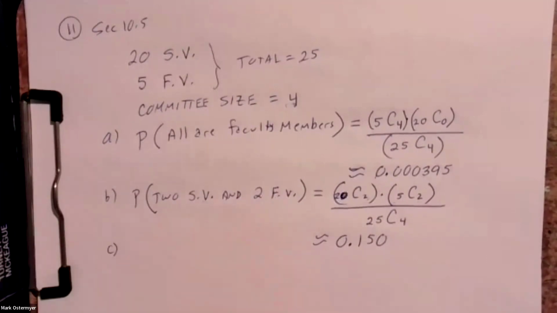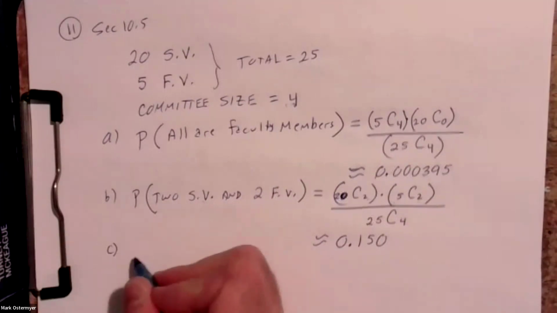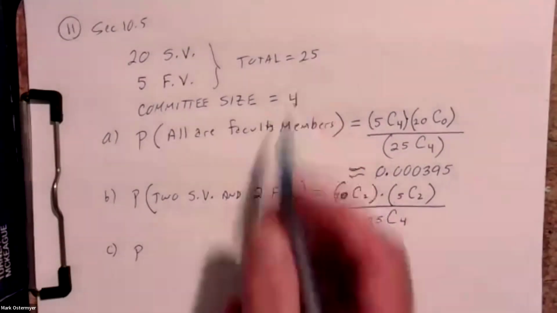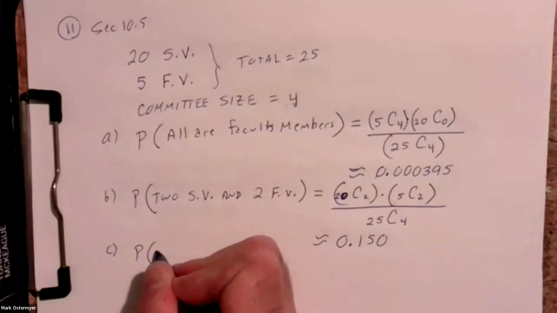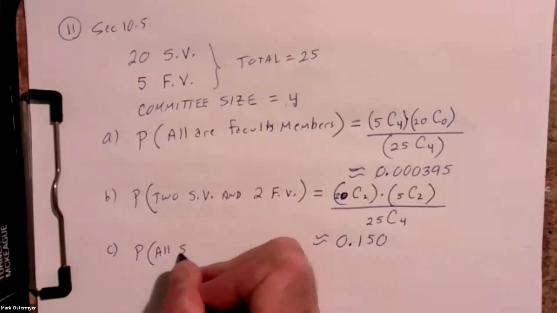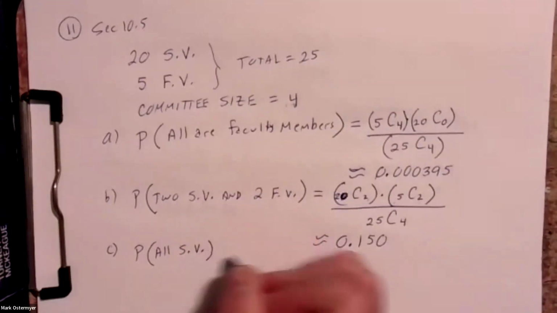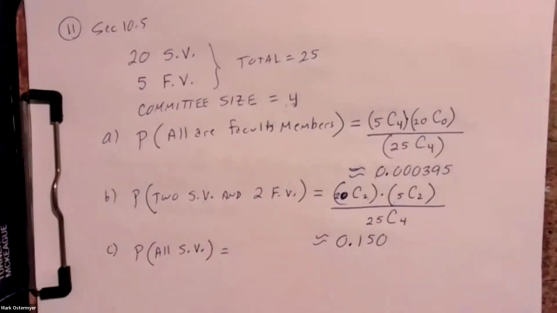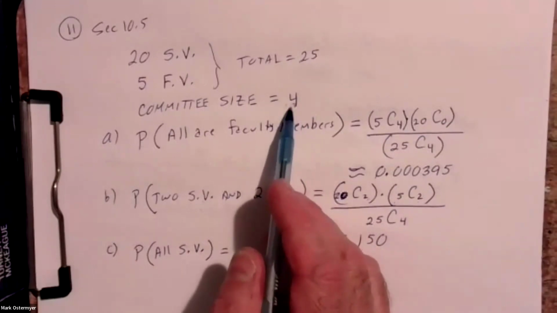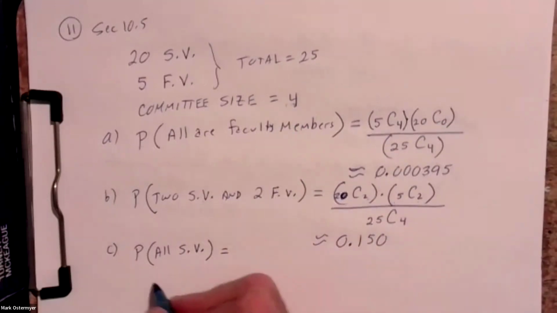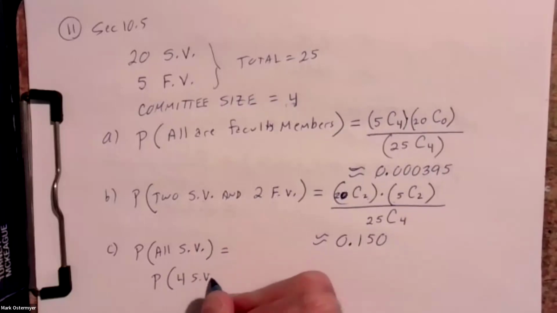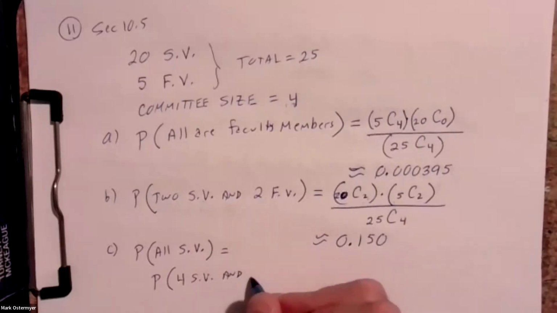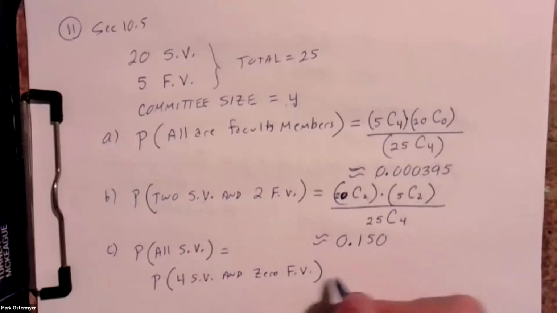All right, for C, what's the probability that if I select 4 from 25 members, that my committee will consist of all student volunteers? Well, to say all student volunteers is to say this is the probability that I choose 4 student volunteers and 0 faculty volunteers.